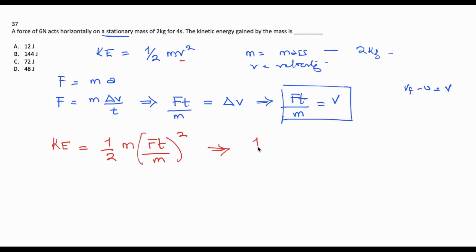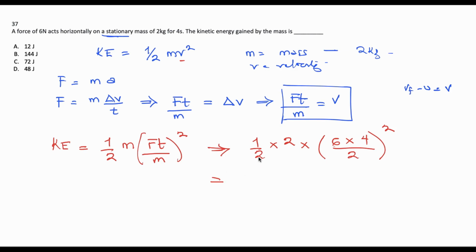So this becomes half multiplied by our mass, which is 2 kilograms, multiplied by our force, which is 6 newtons, multiplied by the time, which is 4 seconds, divided by our mass, which is 2, all squared.